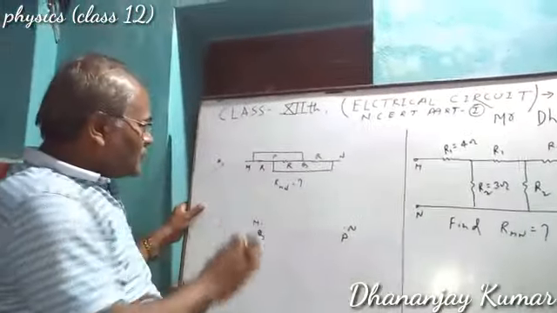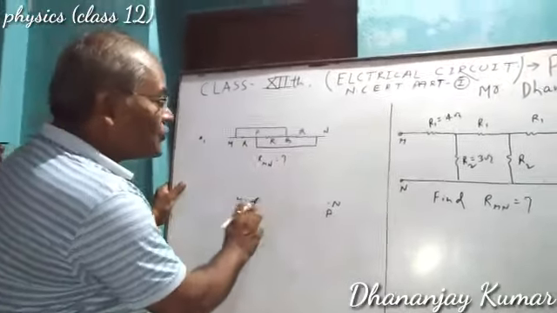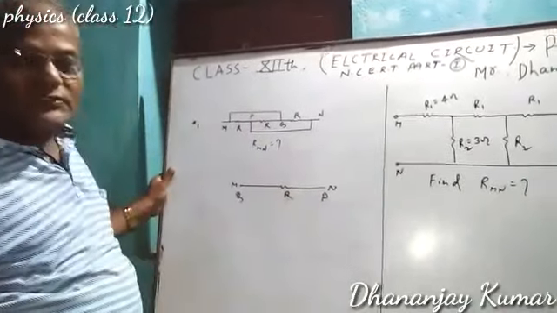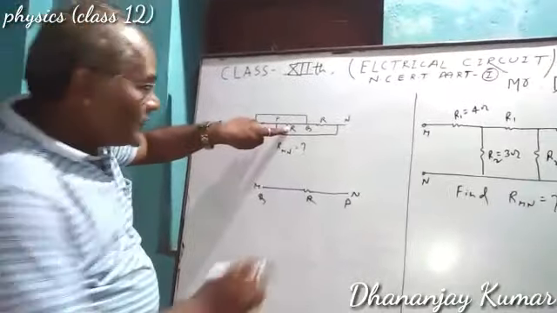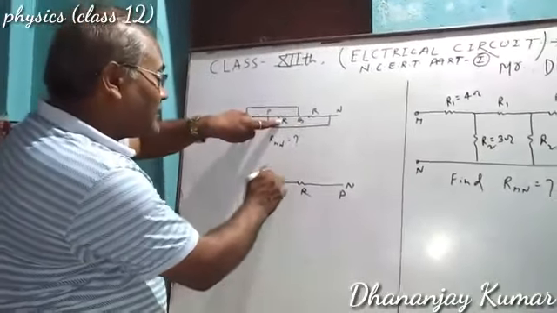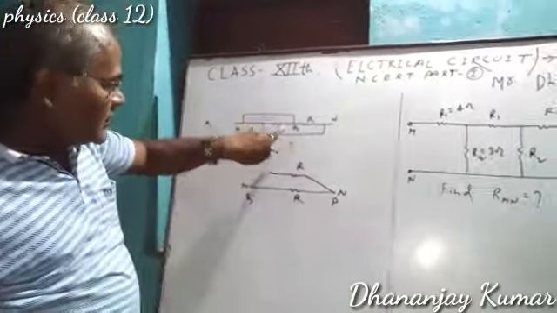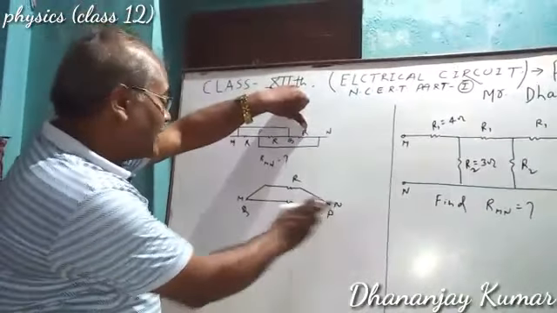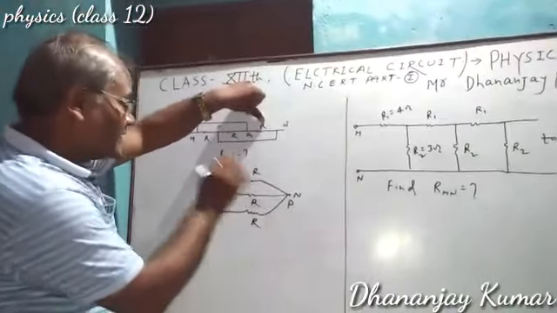As M and P is connected with R, so between M and P we make a wire of resistance R. P and Q is connected with R, so between P and Q we make a wire of resistance R. And Q and N is connected with this R, so a new wire is connected.